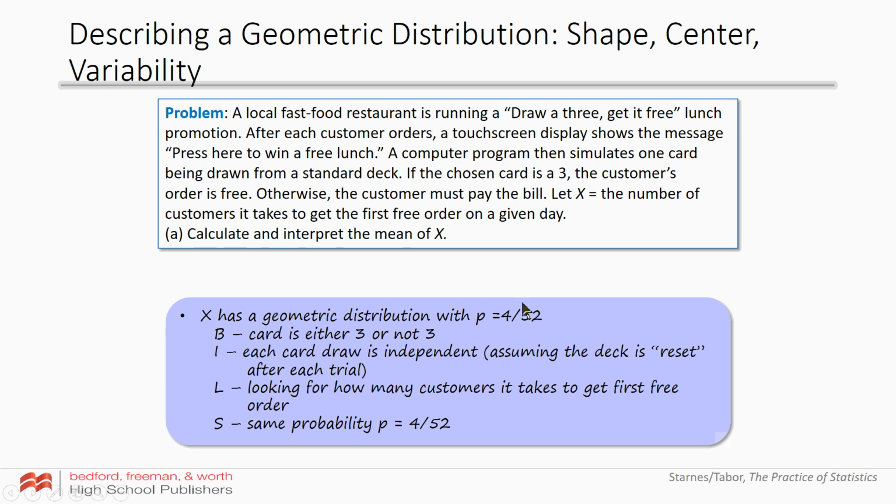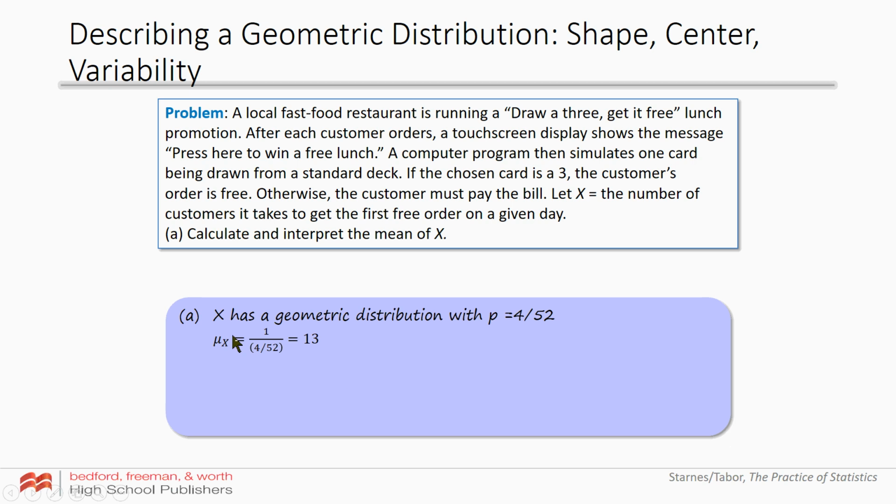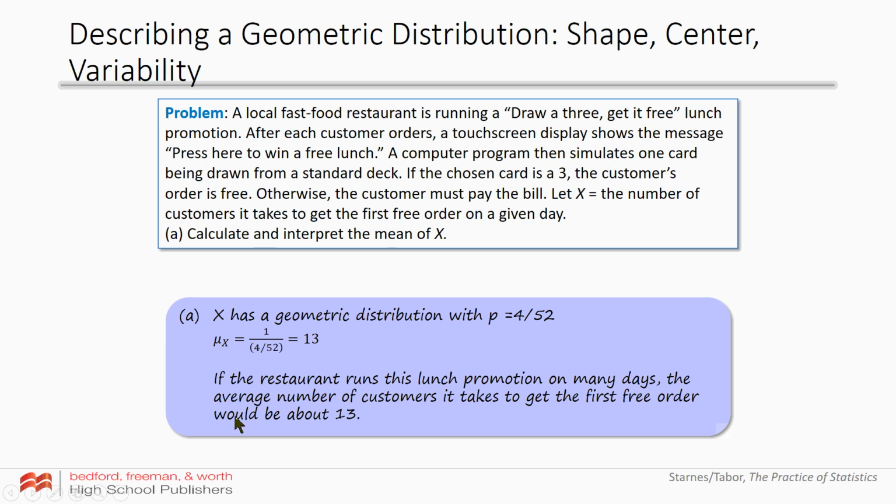So calculate and interpret the mean of X. This was just the setup. Now let me actually do the work. Because X is geometric, I can use the formula 1 over P, which is 13. So my interpretation: if the restaurant runs this lunch promotion on many, many days, the average number of customers it takes to get the first free order would be about 13.